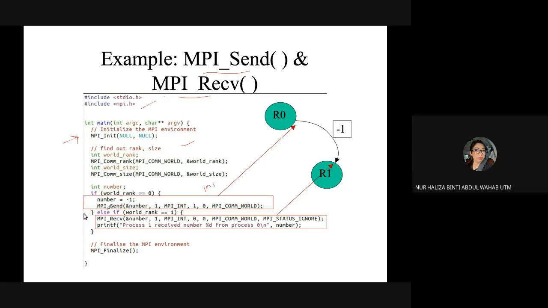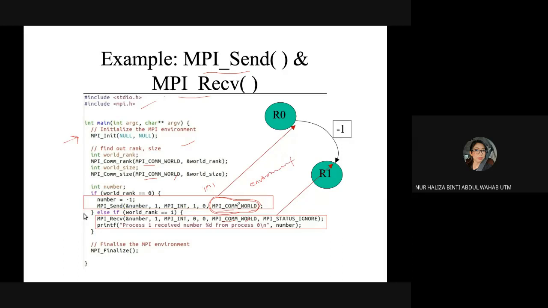So you can see MPI send, and then you have numbers, which you declare, and then MPI COMM WORLD. This is a must. If you still remember from our last module, you must put this MPI COMM WORLD in every single declaration or process you are using. You must have MPI COMM WORLD as the environment.